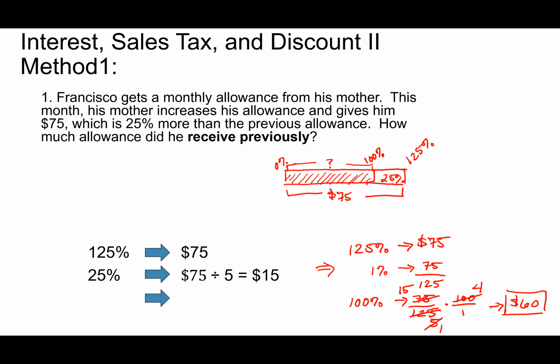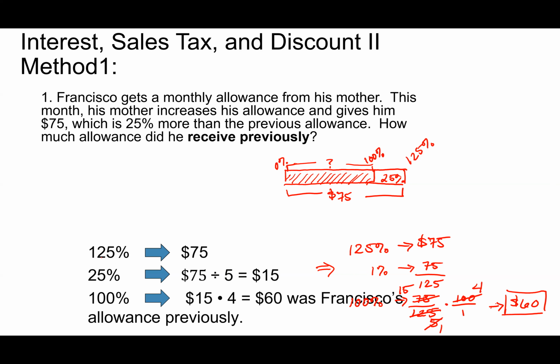So right here, we divided both sides by 5, and then 25% equals $15. And then you would just multiply both sides times 4 to get 100%. So $15 times 4 would equal $60. It's the same thing that we did. We just went about it a little bit differently. Instead of going all the way down to 1%, we could see the relationship between 25% and 100%, and that was a little bit easier. So either way is fine.